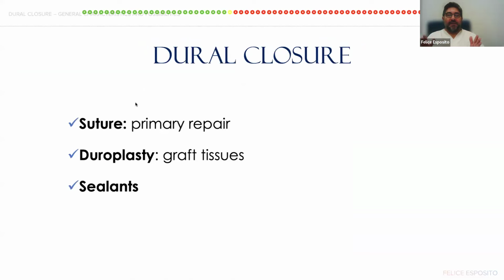dura. This can be done by primary suturing the dura, using different graft tissue for duraplasty, and using surgical glues as sealants.